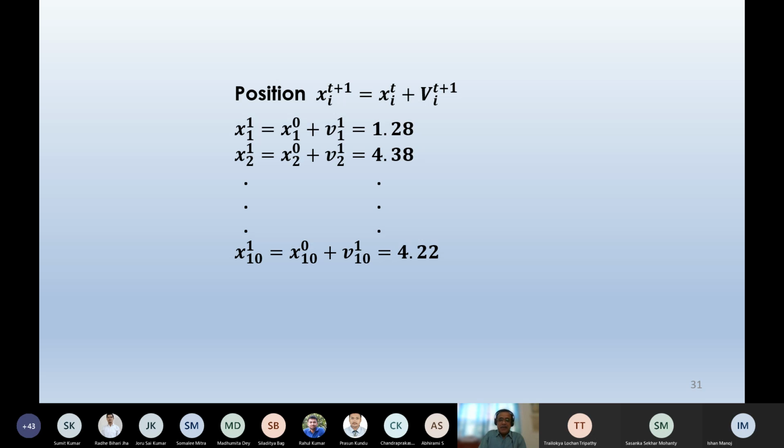What the PSO is having is memory, and people thought that memory means it has become intelligent. That is not sufficient, in fact. So depending on the nature of the objective function, depending on the requirement at the different iterations, you'll have to take the decision.